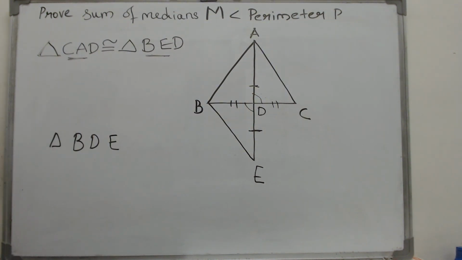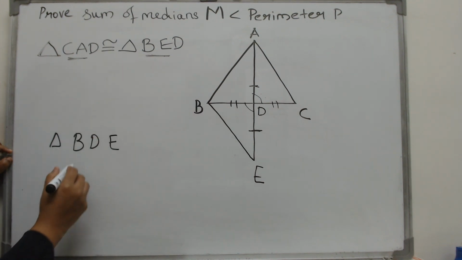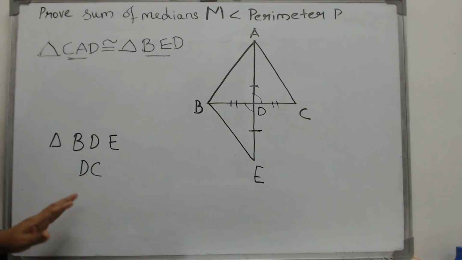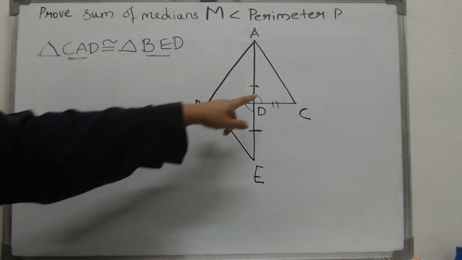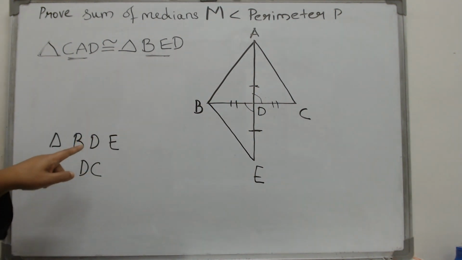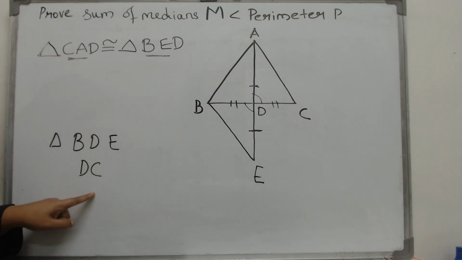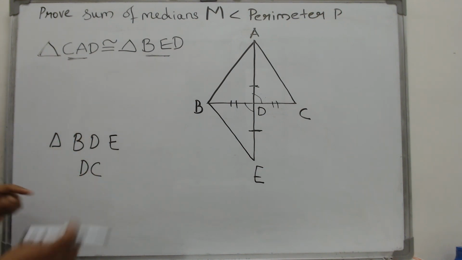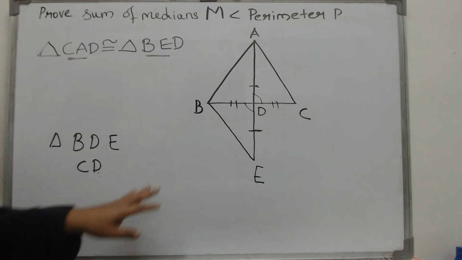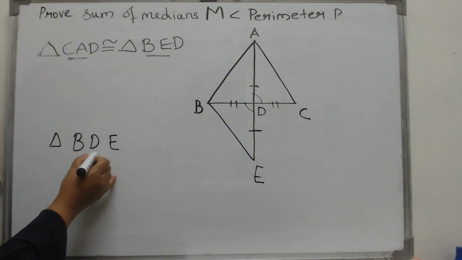How do we make it correspond? Now BD, and we know that it is the same as DC. So we can write DC like this also. But what do you notice? These two angles are same, which means the place where D comes here, that same place D should come here. So you can't write it as DC. Instead, you have to write it as CD. Now look at the third side. What is the third side? It is AD and DE.